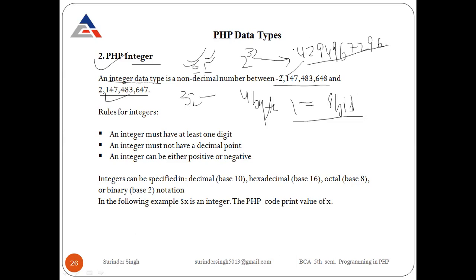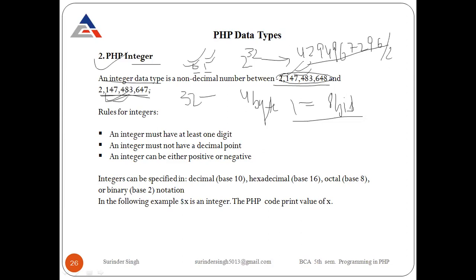Half of the range is for negative values and half of the range is for positive values. When you halve it, it gives this value. Half the range goes to negative, and half the range is for positive.